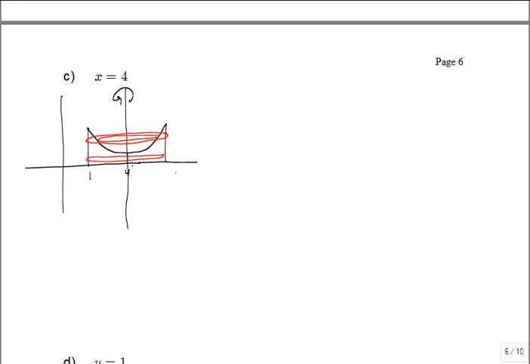So this is kind of like that very first problem we did at the beginning of this lecture. So we don't want to do that because that requires two different methods and two different integrals. So we don't want to take our slices perpendicular to the axis of revolution. Instead, we want to take our slices parallel, which means we're going to do it with shells.